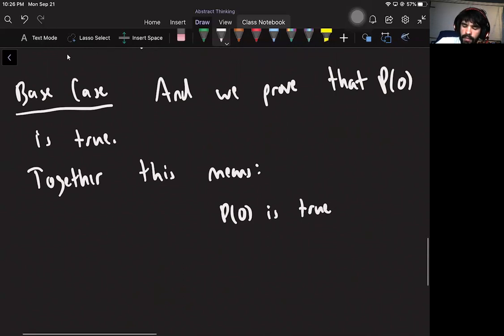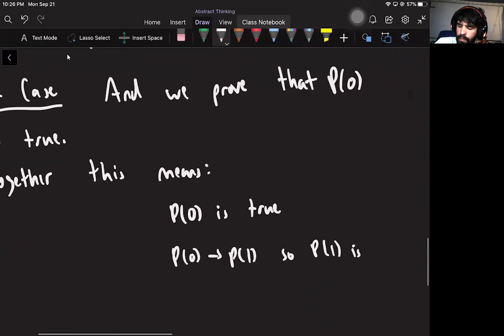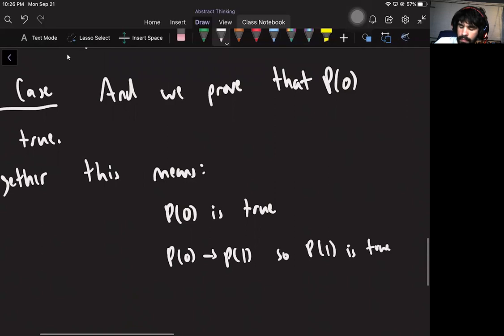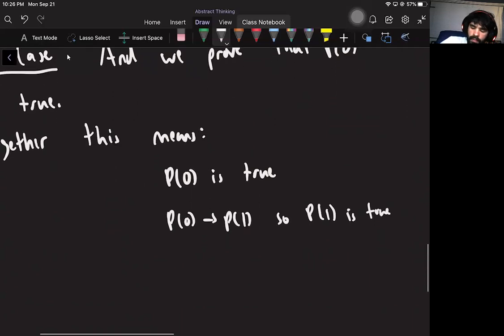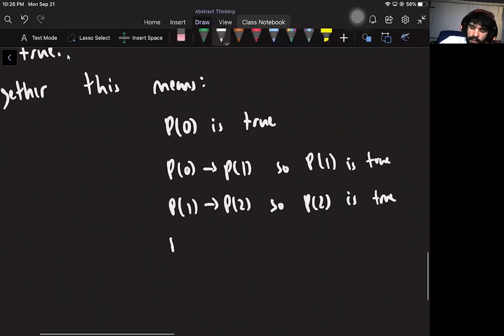But then, because of the inductive step, P of 0 implies P of 1, so I've also shown P of 1 is true. Then the inductive step, which I proved always holds, applies to the next one and tells me that P of 2 is true. So I can conclude that too. And then this pattern just continues forever.